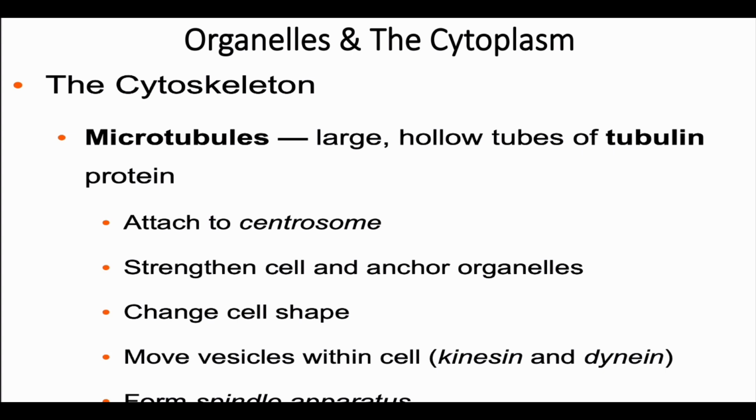In addition to that, microtubules are also involved in functions that include cell division. So this is important. And as I said earlier, you find them being part of the axon extension within nerve cells, within neurons.